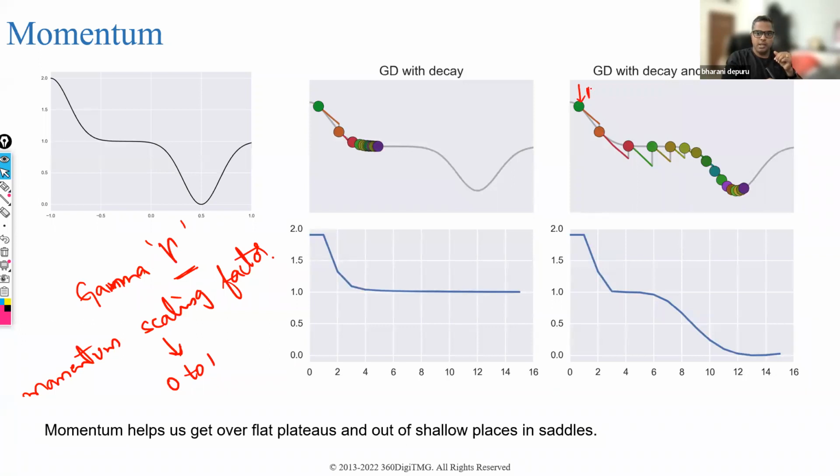If this is A, and you want to be at B, and then if you again update the weight, you'll be at C, so on and so forth.